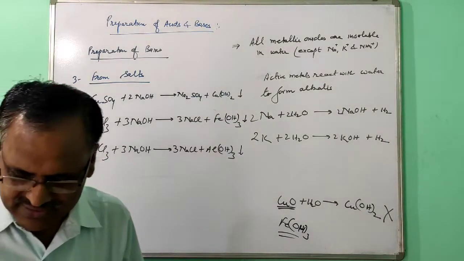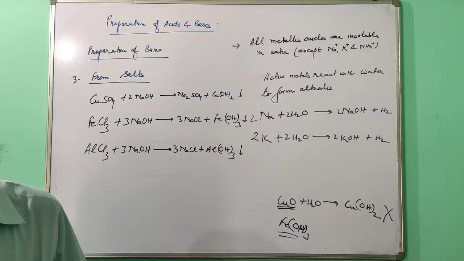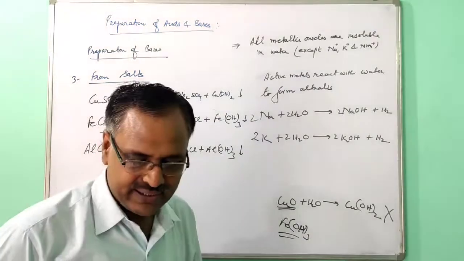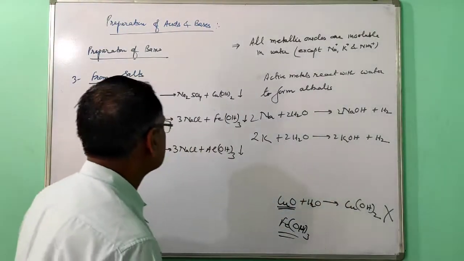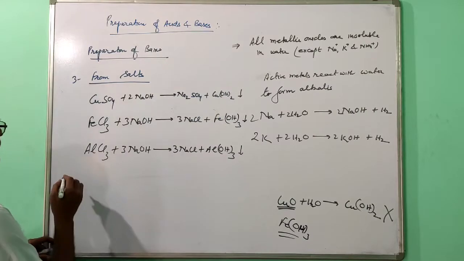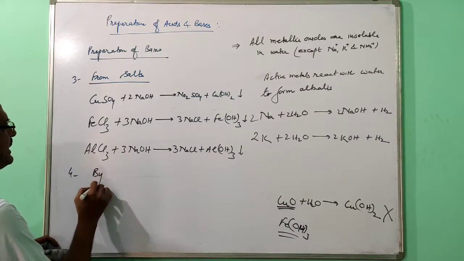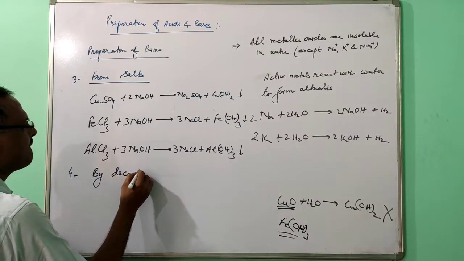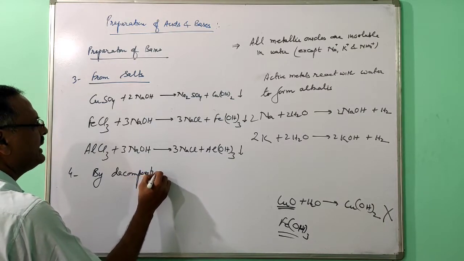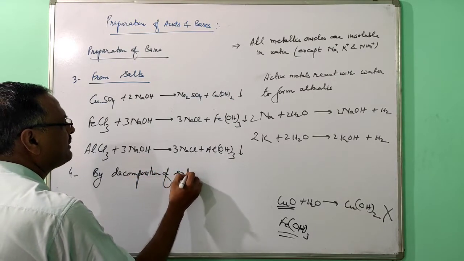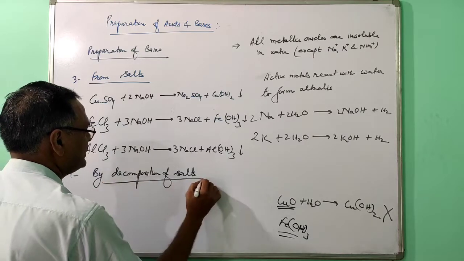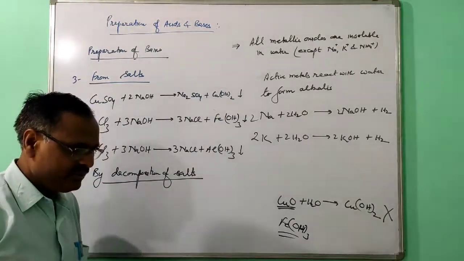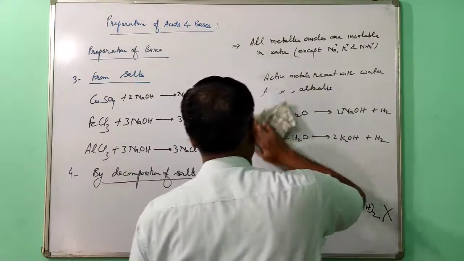Now the last method, this fourth method, you can mark very important. The last method is given by decomposition of salt. Here it is given, either you take carbonates or nitrates.